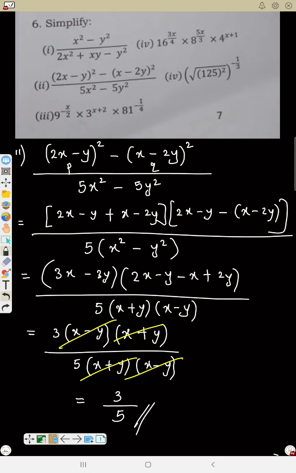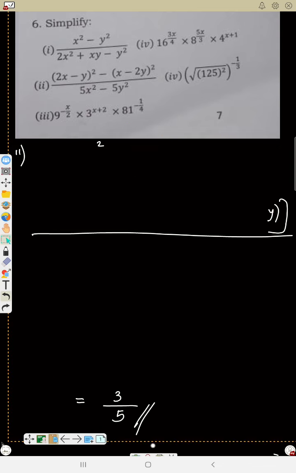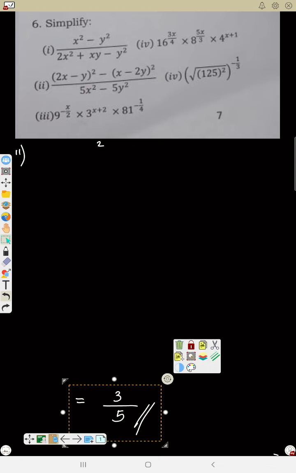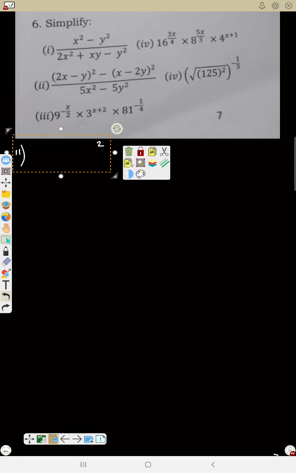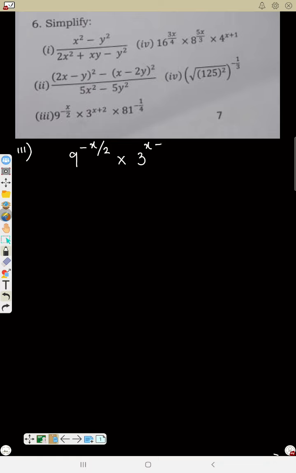Now let's see the next one, I. We have 9 raised to power minus x over 2, times 3 raised to power x plus 2, times 81 raised to power minus 1 over 4.